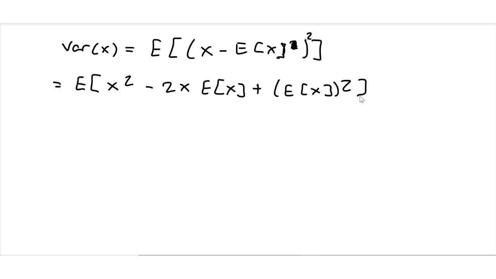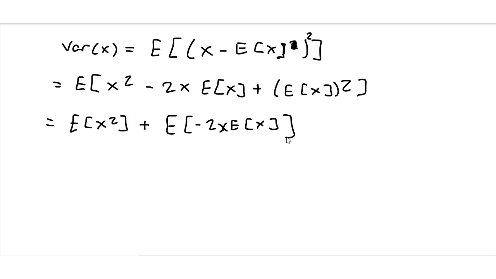Using the linearity of expectation, we can write this as the expectation of X squared, plus the expectation of minus 2X times the expectation of X, and then plus the expectation of the expectation of X, all squared.